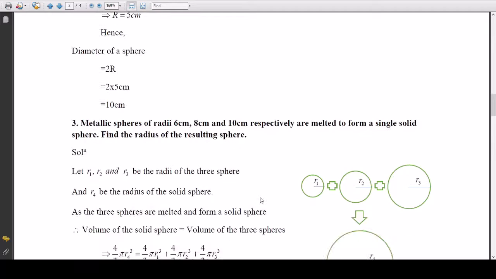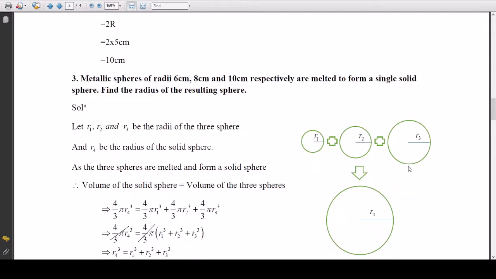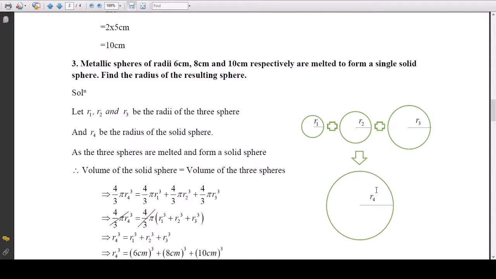Okay, here I've shown you in a figure also. The first sphere we will take as radius r1, the second sphere r2, and the third sphere r3. All these three spheres have been melted and form a single solid sphere, and we will take the radius of this resulting sphere as R4.